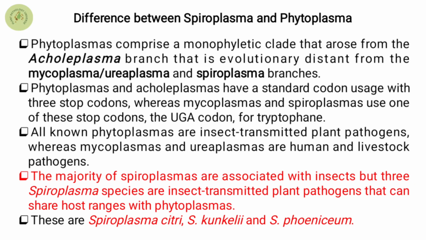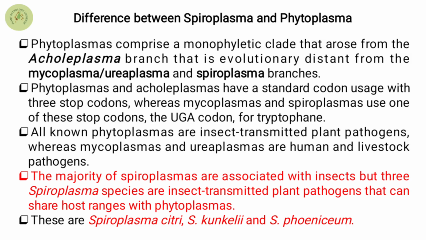Now the next question that obviously arises is what the differences are between spiroplasma and phytoplasma. As already discussed, spiroplasma is more closely related to mycoplasmas. However, phytoplasmas are more closely related to Acholeplasmas, right?